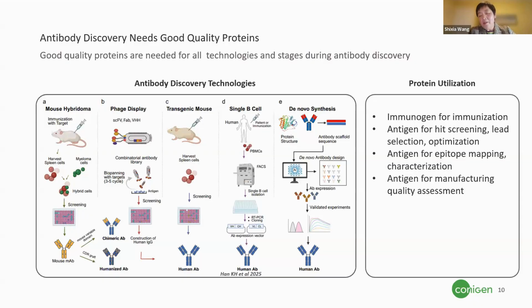The proteins can be used as immunogens to immunize animals to generate antibodies, and also as antigens for antibody hit selection, epitope mapping, and many other applications as well.